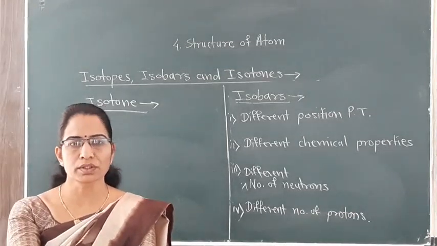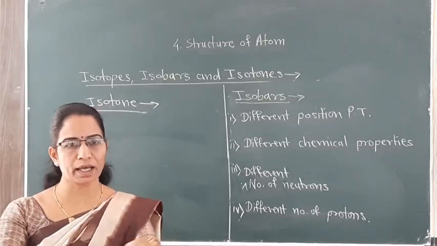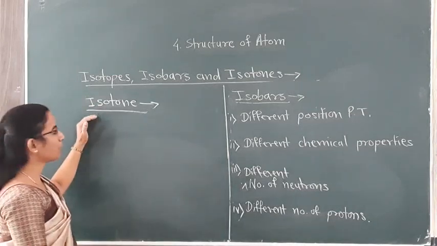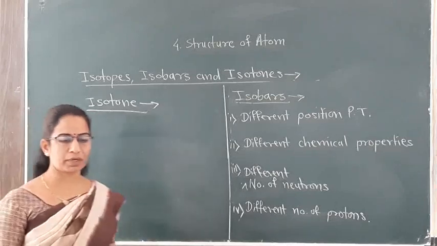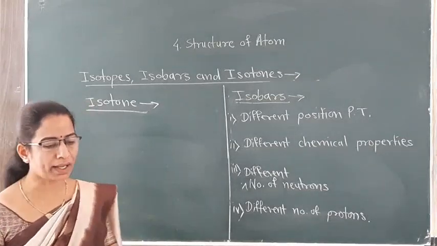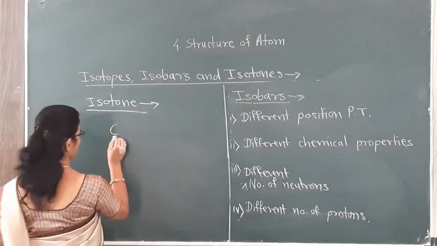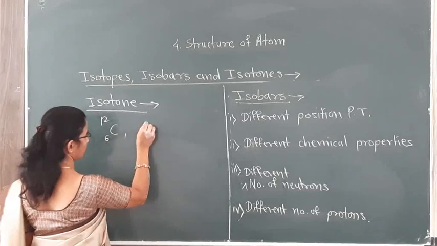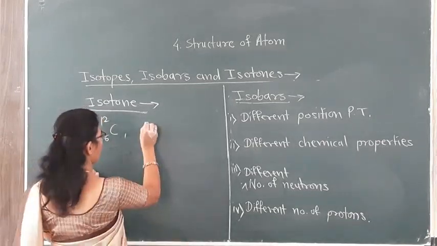The isotones are the atoms of different elements which are having the same number of neutrons. Now let's see some examples. Here only one example is given in your textbook, that is carbon and the next one, that is boron.